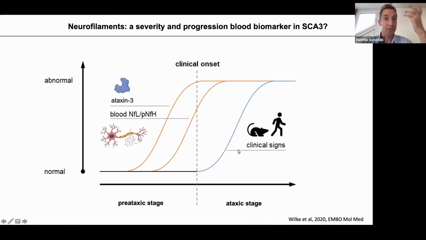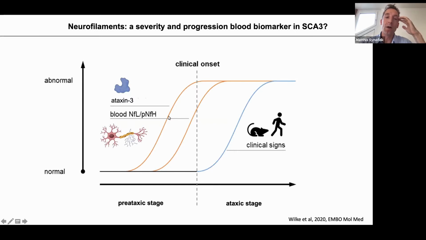So the hypothesis or the research questions we were asking is: are neurofilament light chain and neurofilament heavy chain elevated in SCA3? And if so, do they rise before the symptomatic stage in humans and before the symptomatic stage in mice? And if so, when before the symptomatic stage do they arise?